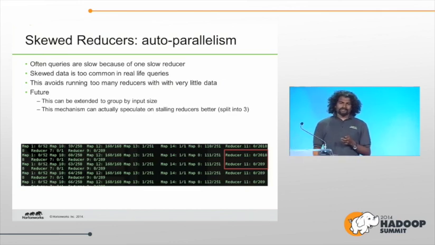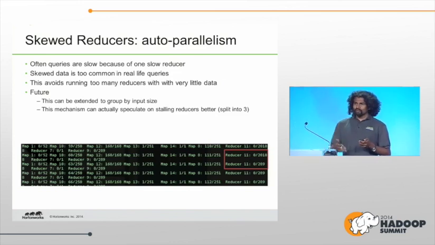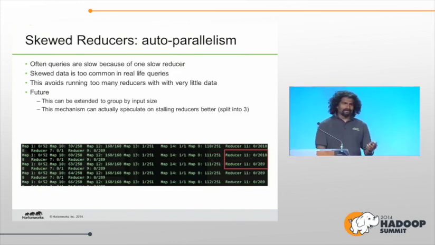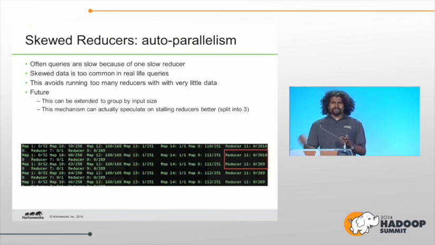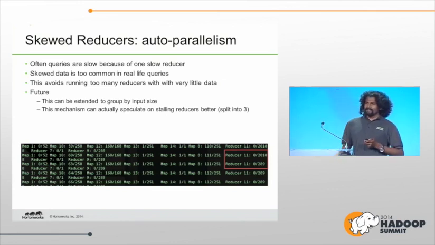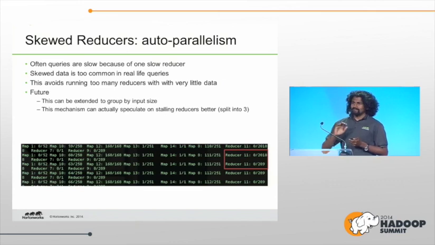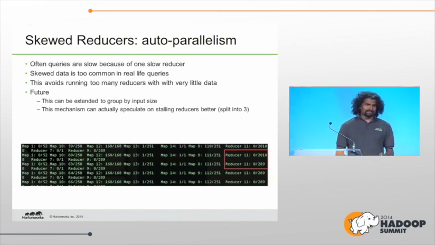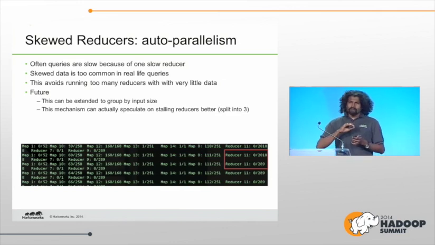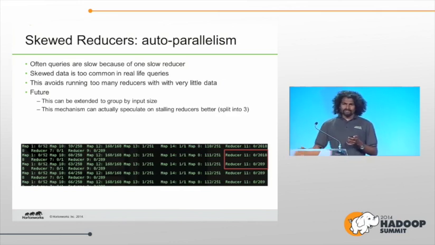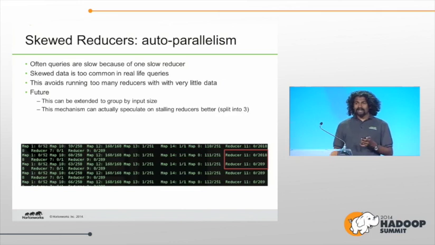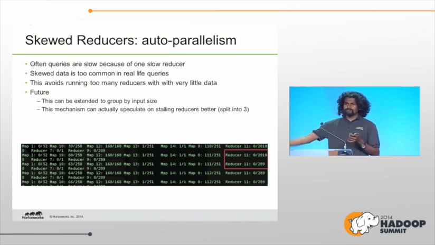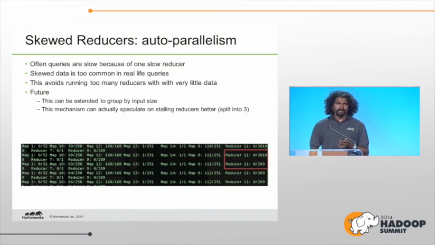And the other advantage that auto-parallelism brings about is the fact that if you had 200 containers in your cluster, like a 20-node cluster, trying to start 999 reducers will basically mean that only the first 200, or say 190, start up while the other 10 map tasks are finishing. So about 700 of your reduce tasks have not gotten a chance to do the slow start operation, right?